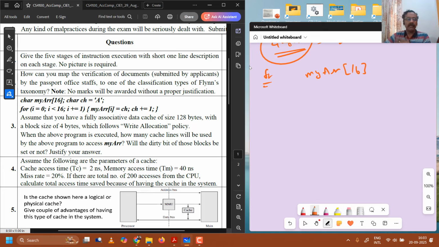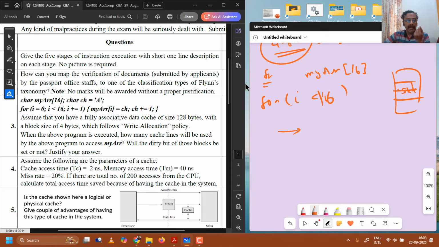Now, what are we doing? We have a for loop with i less than the size. It is accessing the entire array, and it is a character array, so it accesses it byte by byte. As I told you, the CPU says it wants to access a byte. The first time, my array of 0 equals ch.